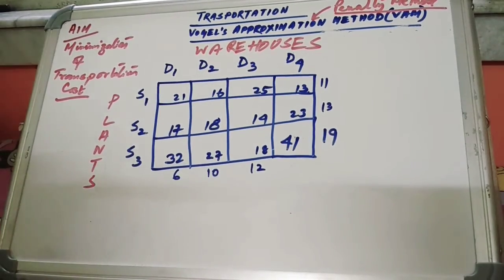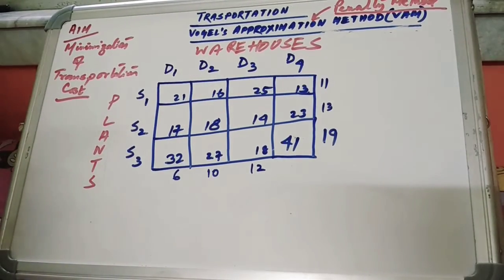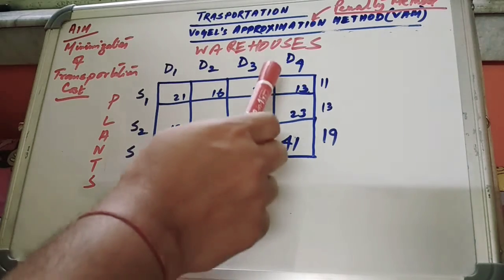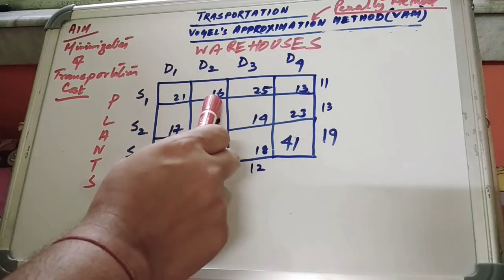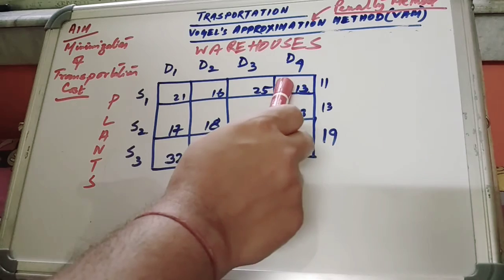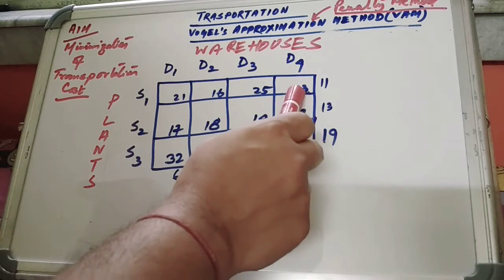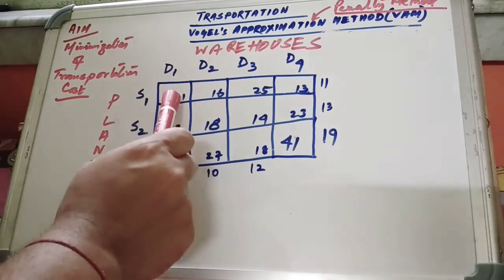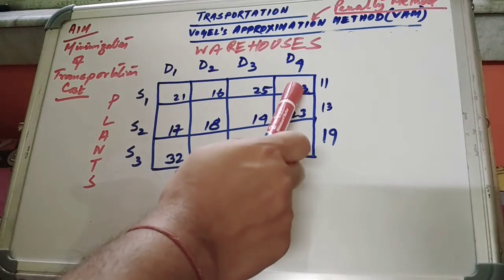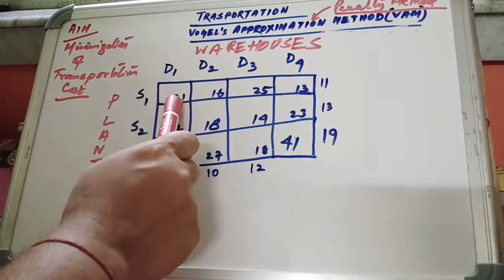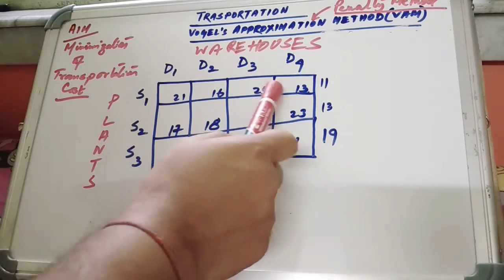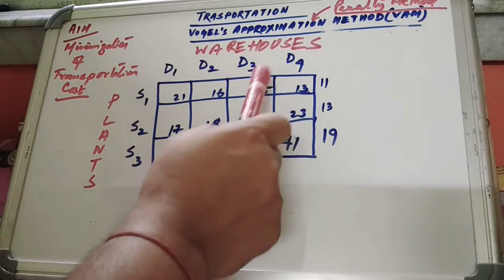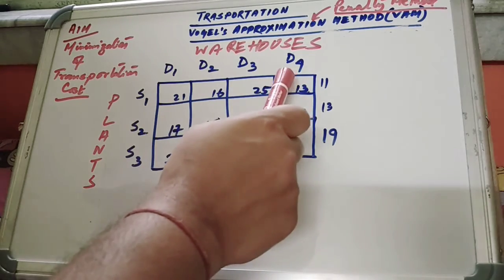Now I would like to tell you the significance of finding penalty. Penalty says, if you select 16 in this particular row instead of 13, which is the least one, you have to pay a penalty of ₹3. If you select 21 instead of 13, you have to pay a penalty of ₹8. Now if you select 25, which is the highest one, you have to pay a maximum of ₹12 for this particular row.